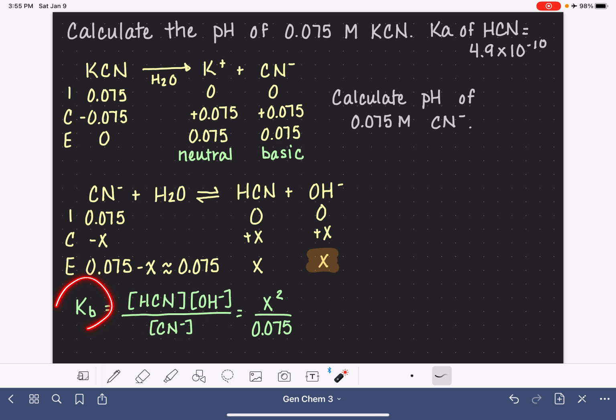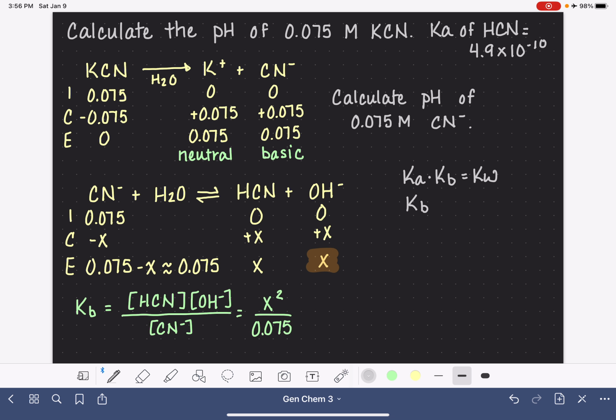All that we need to know is the Kb. Let's go all the way back to the beginning of the problem. The problem gave us the Ka of HCN. It didn't give us the Kb, but we have learned that there is a relationship between Ka and Kb of a conjugate acid and a conjugate base. So for a conjugate acid-base pair, the Ka times the Kb is Kw.